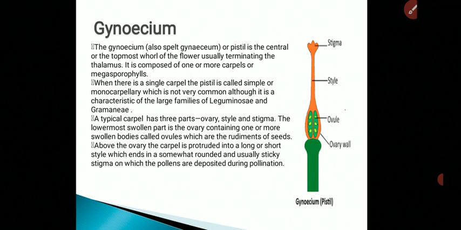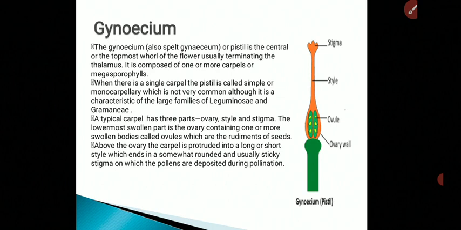The lowermost swollen part is the ovary, containing one or more swollen bodies called ovules, which are the rudiments of seeds. Above the ovary, the carpel is protruded into a long or a short style, which ends in a somewhat rounded and usually sticky stigma, on which pollen is deposited during pollination.